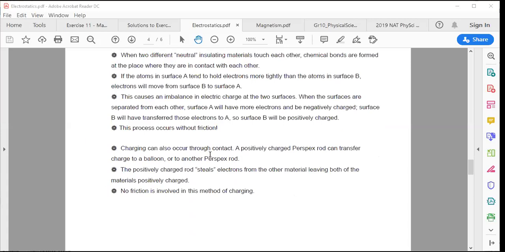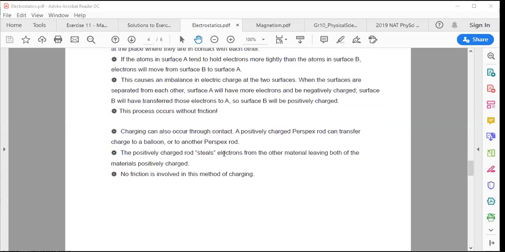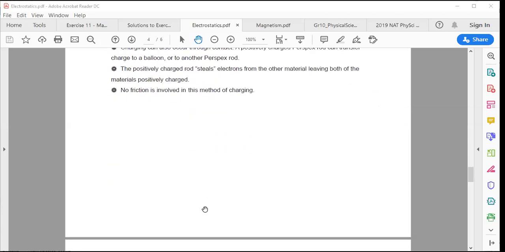Something happens, then you get a shock. So charging can also occur by touching. The positively charged rod steals electrons from the other material, leaving both of the materials positively charged. No friction is involved in this method of charging.